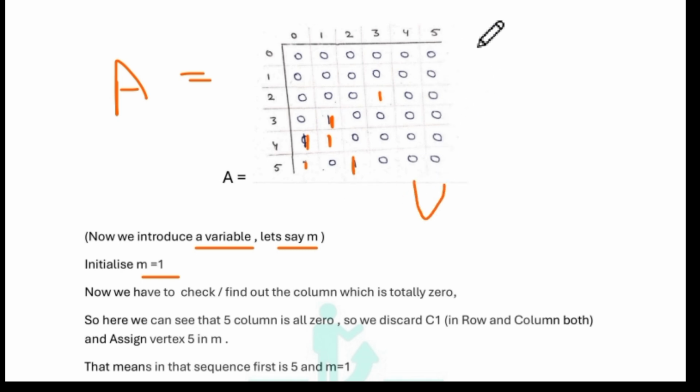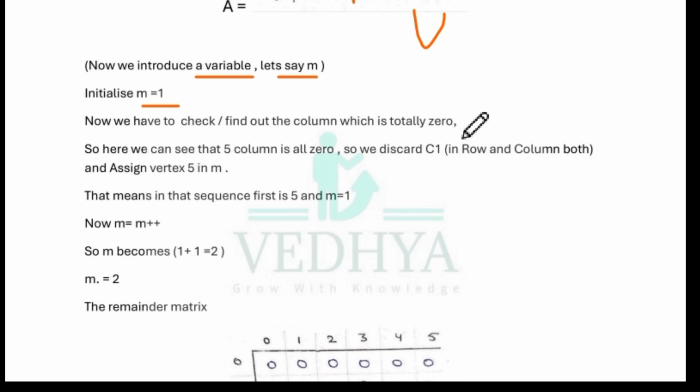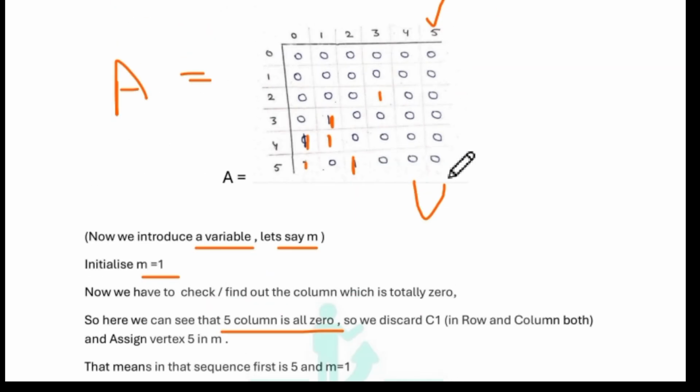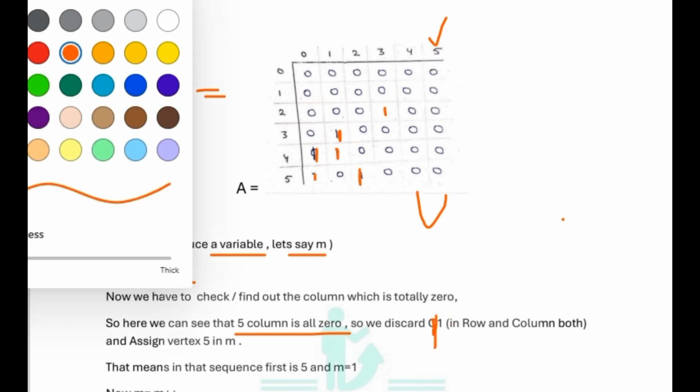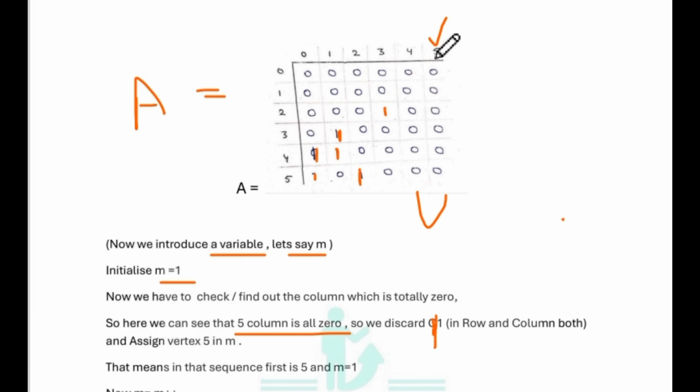Suppose I choose column number 5. We check and see that column 5 is totally 0, so we have to discard column 5.